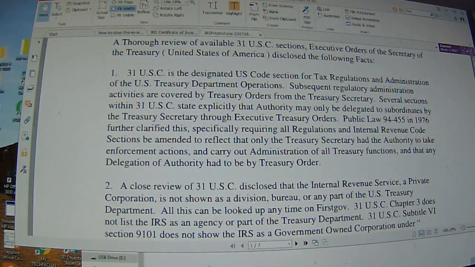Public Law 94-455 in 1976 further clarified this, specifically requiring all regulations in the Internal Revenue Code sections be amended to reflect that only the Treasury Secretary had the authority to take enforcement actions and carry out administration of all Treasury functions, and that any delegation of authority had to be by Treasury order.